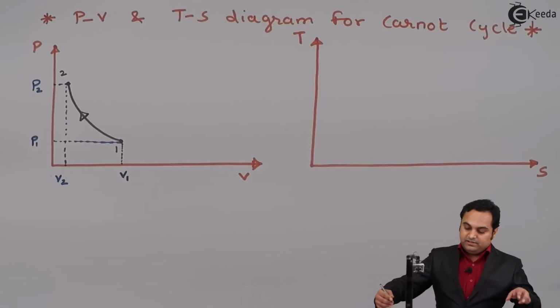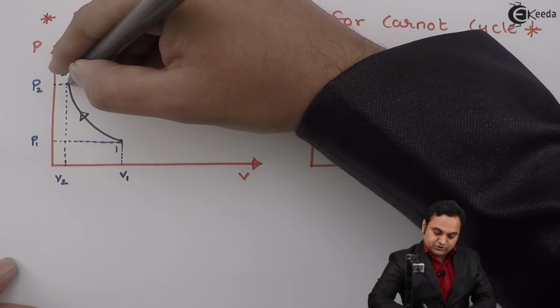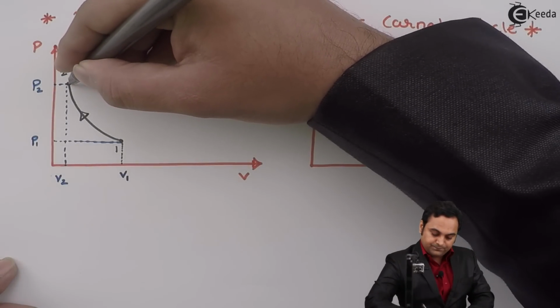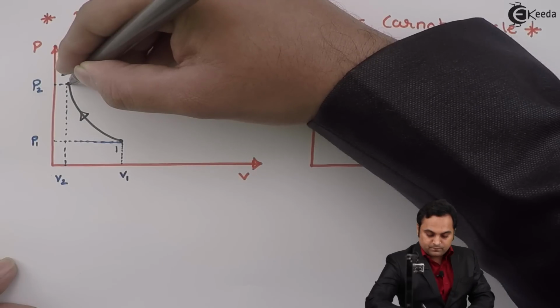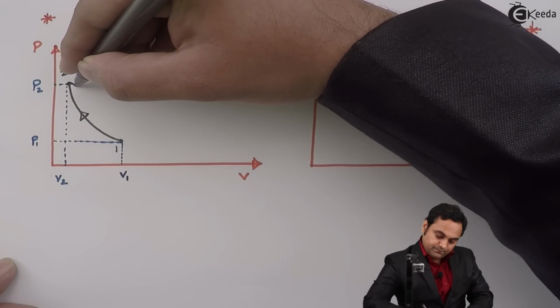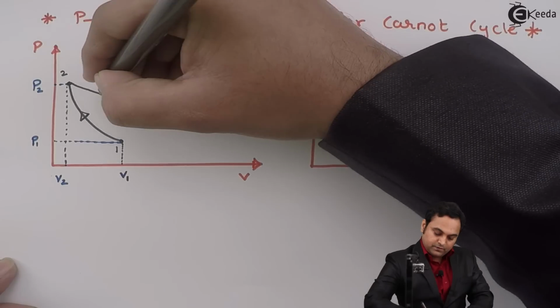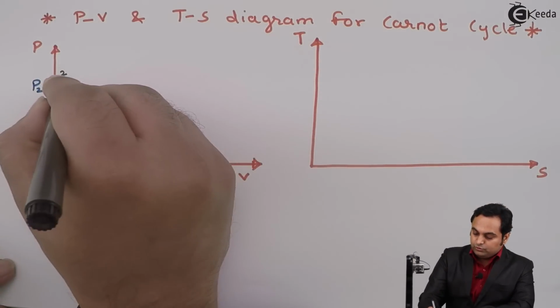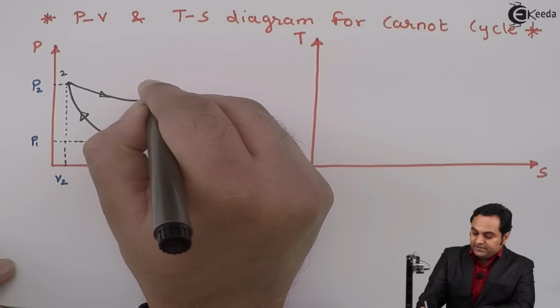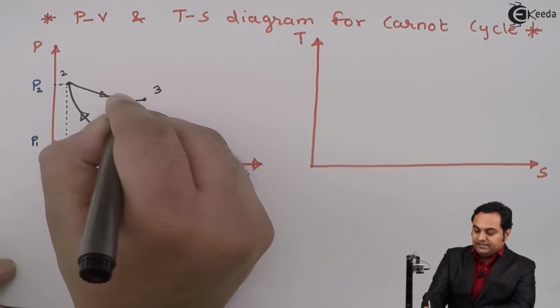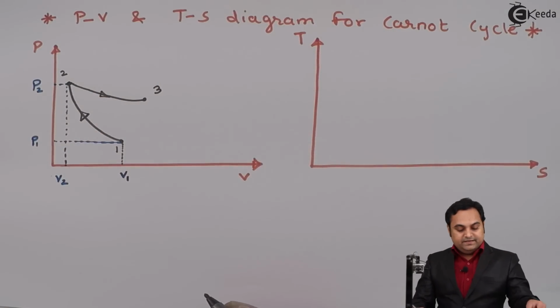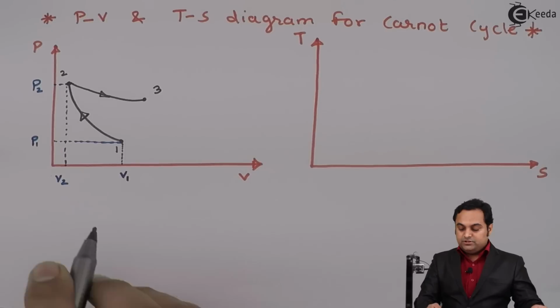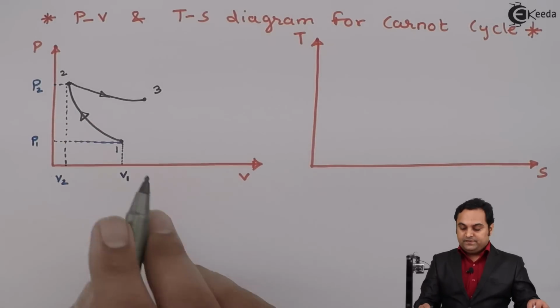So isothermal line, again it is shown with the help of a curve here, as I have drawn this curve from 2 to 3. This indicates the heat addition process, and heat addition is isothermal, so we are getting a curve here.